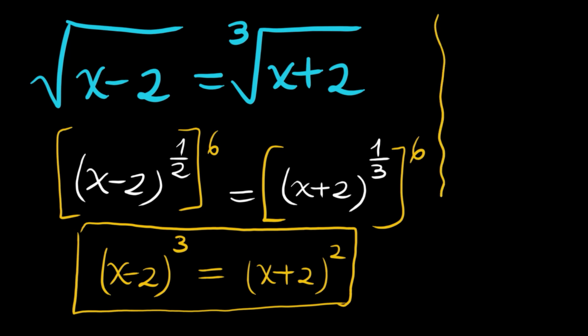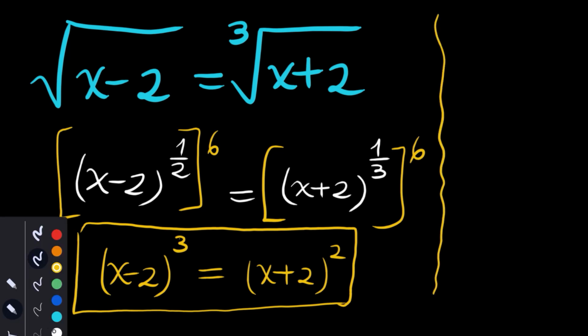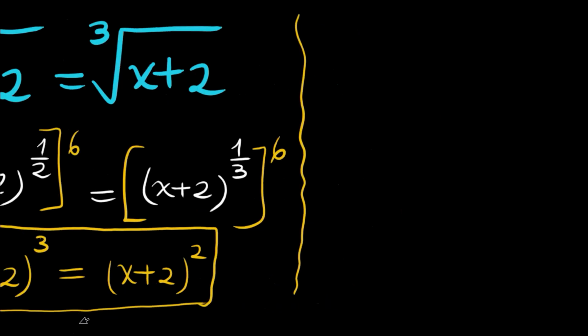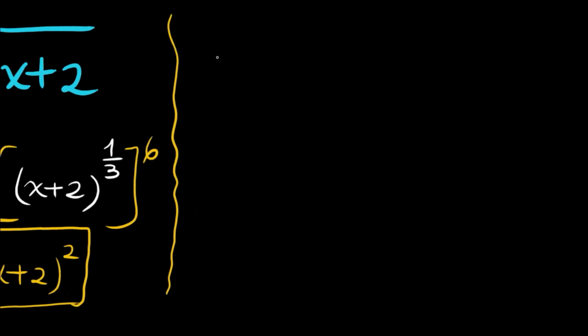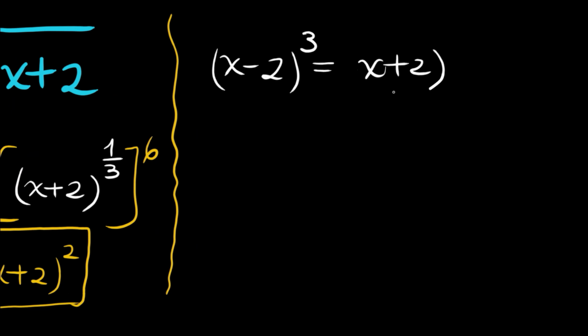Now, how to solve this kind of equation. Let me write this again and think about (x minus 2) cubed is equal to (x plus 2) squared.